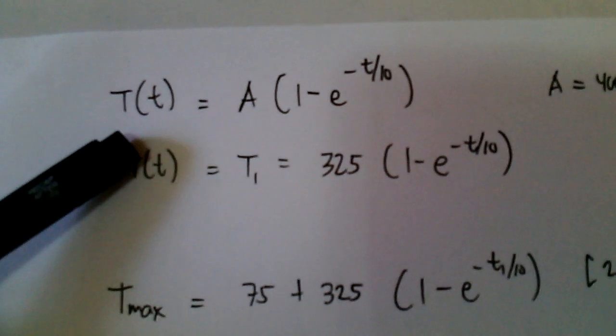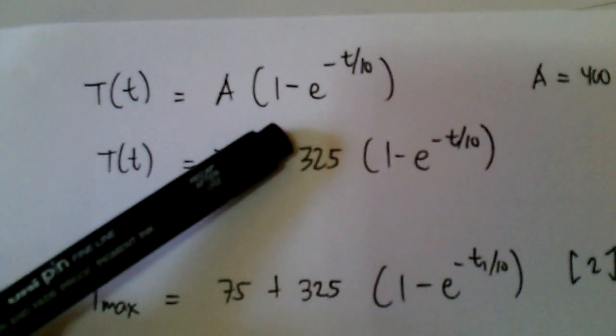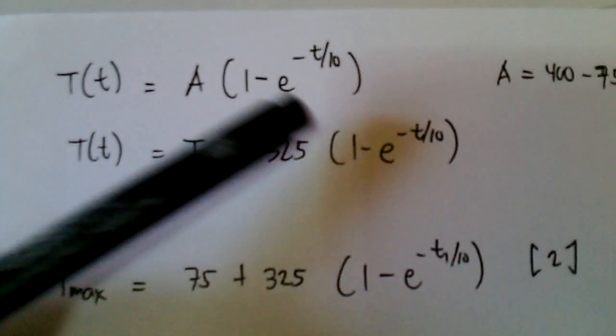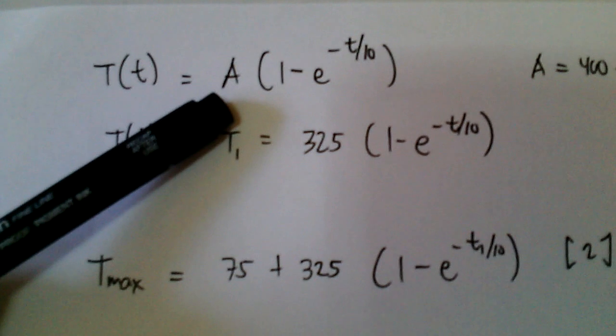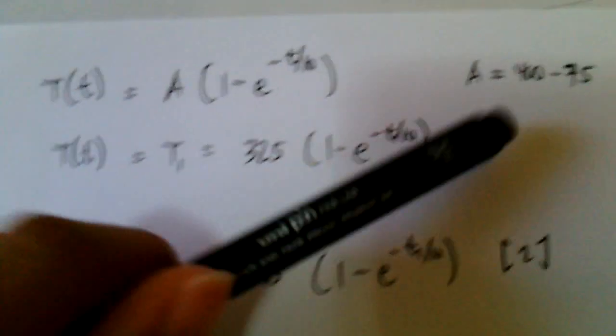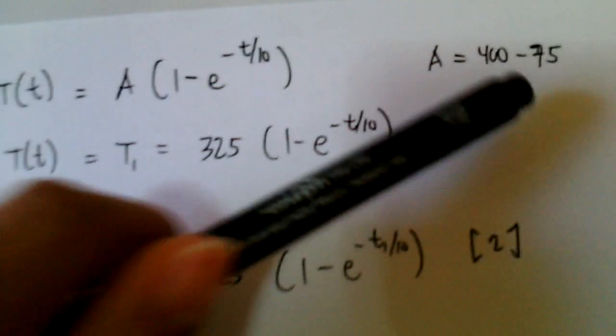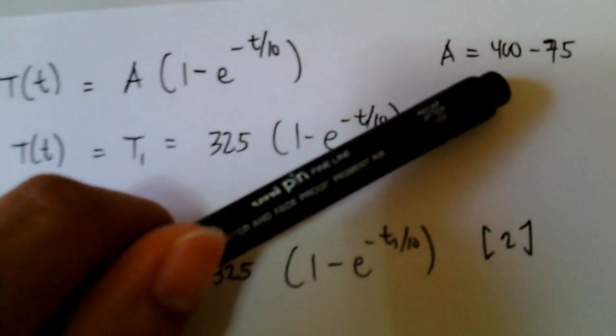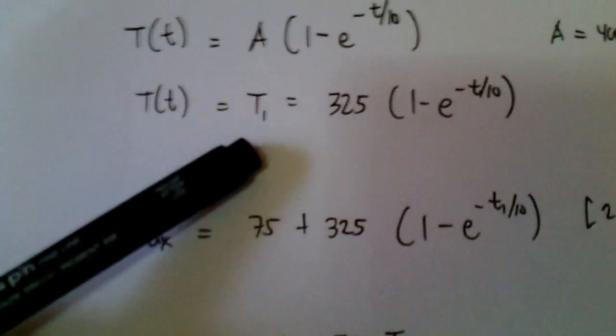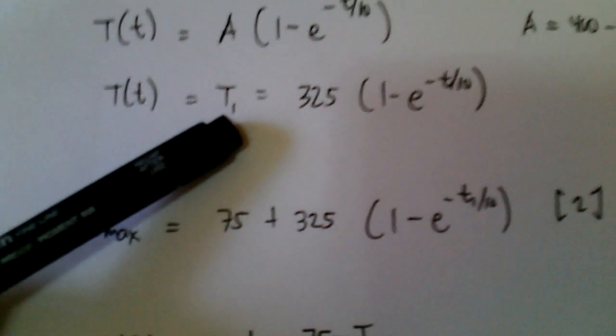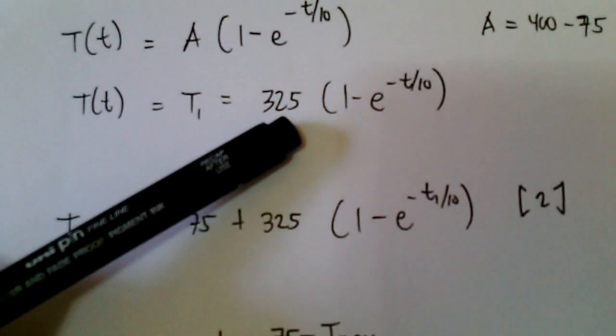So we have T(t) = A times (1 minus e to the negative t over 10). And we have the step change of magnitude. Remember, step change of magnitude: 75 degrees Fahrenheit into the bath, which is 400 degrees Fahrenheit. So we have T(t) = T1. Let's just say T1 equals 325, since 400 minus 75 is 325.